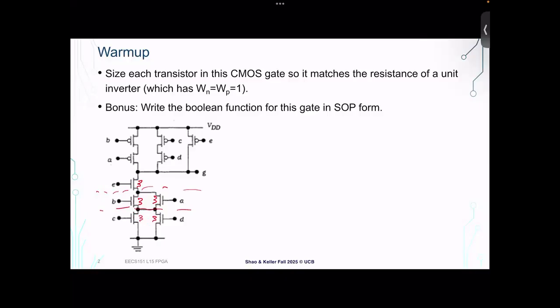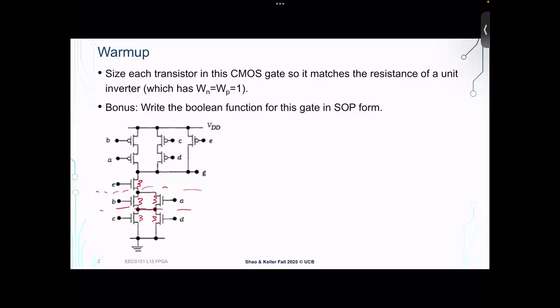Another way of thinking about it is we always need to size for the worst case. So in the worst case, this network's pulling down, but maybe A and D are off, and we're only pulling down through B and C. And so we need to size the B and C transistors to size 3 so that the resistance sums to 1, right?